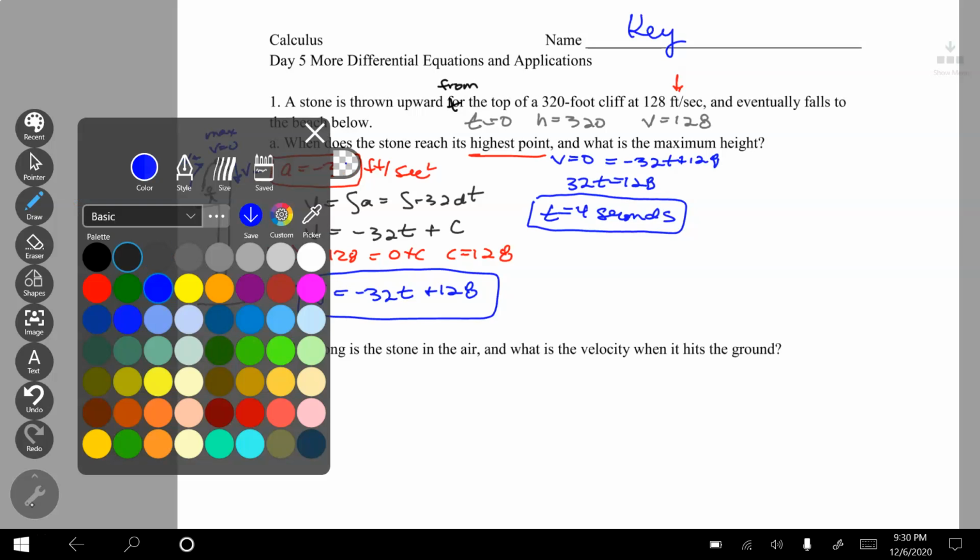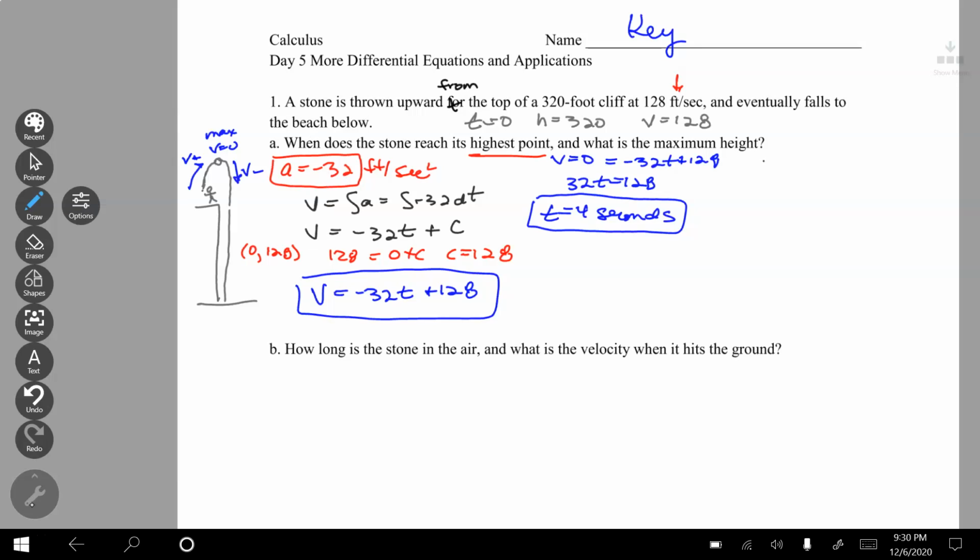Well, my height is going to be the antiderivative of my velocity, which is negative 32t plus 128 dt. Our height is equal to negative 16t squared plus 128t plus c.